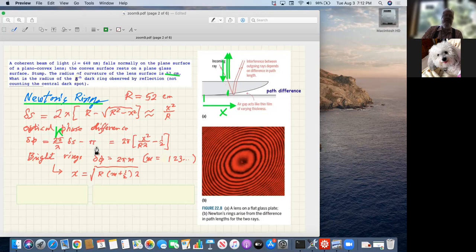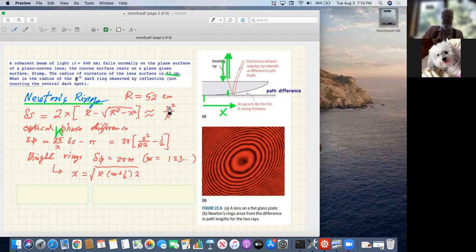There's a 180 degree phase change for the reflection of a wave coming from a more dense material into a less dense material, or coming from a less dense material onto a more dense material. So there's an extra phase change of 180 degrees, I have to put it into radians, so that's pi radians.